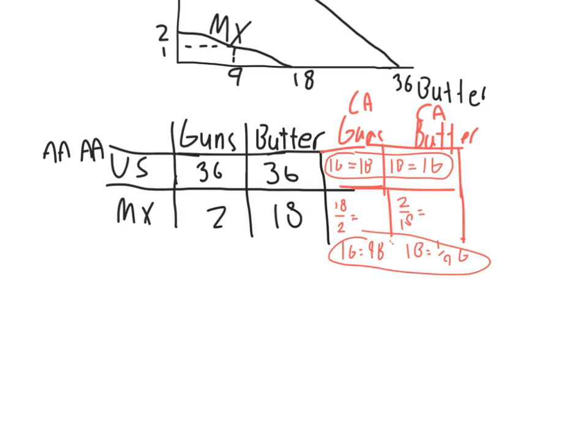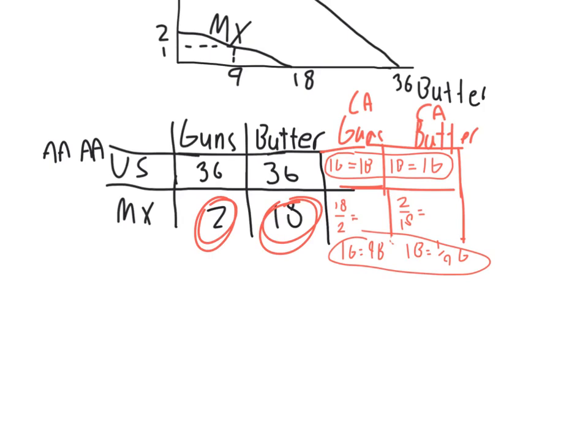You can always just take this number right here and put it under this other number, like I do here for guns for Mexico. 18 over 2 is 9, so then you get 1 gun for 9 butter. And then you could do the same thing with butter. You have 18 over here, and then you take your 2, you put that over your 18, and it's 2 over 18, which is 1 over 9. So 1 butter equals 1 over 9 guns.